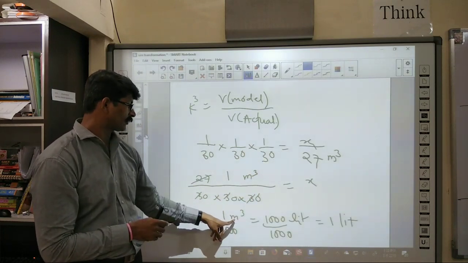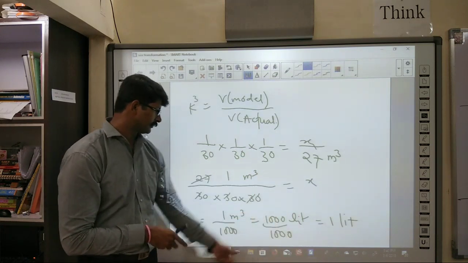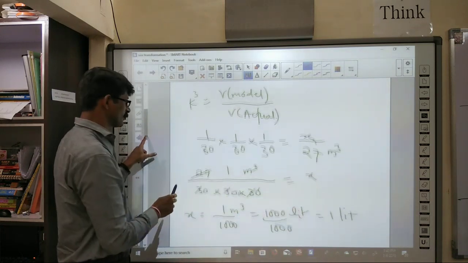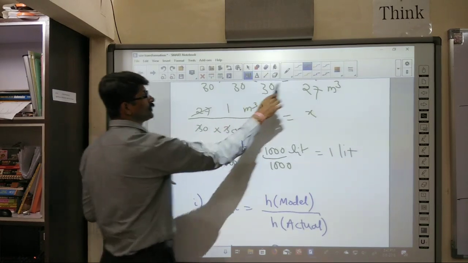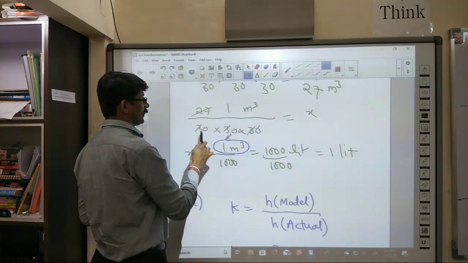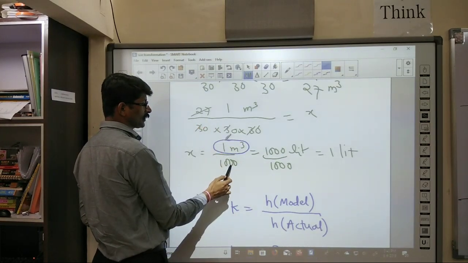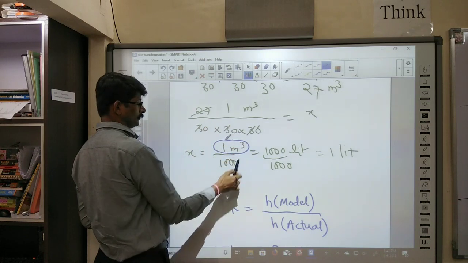Now 1 meter cube can be written as 1000 liter, upon 1000 as it is. I hope most of the students must have not understood this. Look at this, 1 meter cube, because 3 into 3 into 3, that's 27, got cancelled. So 1 meter cube upon 1000, we got 1, 2, 3 zeros, isn't it?